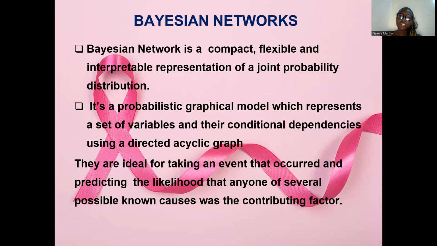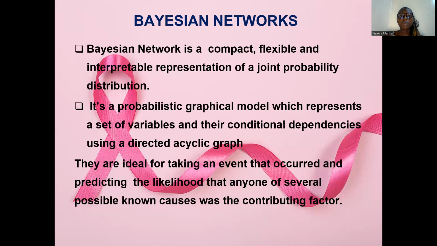So now we are going to the Bayesian networks. A Bayesian network is a compact, flexible, and interpretable representation of a joint probability distribution. They are ideal for taking an event that occurred and predicting the likelihood that any one of several possible known causes was the contributing factor.